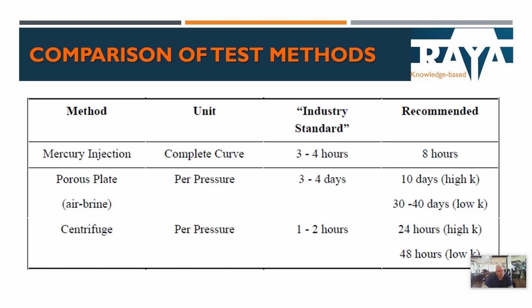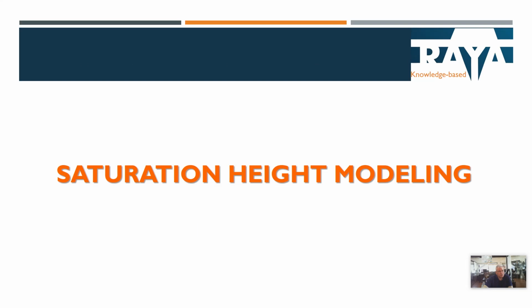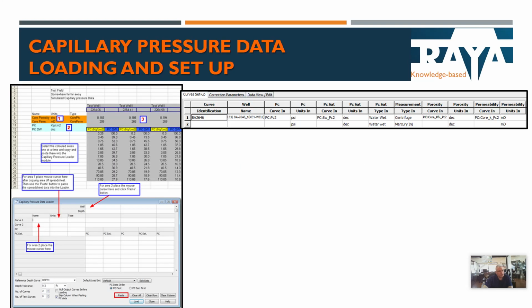And mercury injection is very fast, a complete curve, and needs time between 3 and 4 hours, and recommended 8 hours. Now we talk about the main subject, which is how we use capillary pressure data for modeling the saturation height based on rock types.